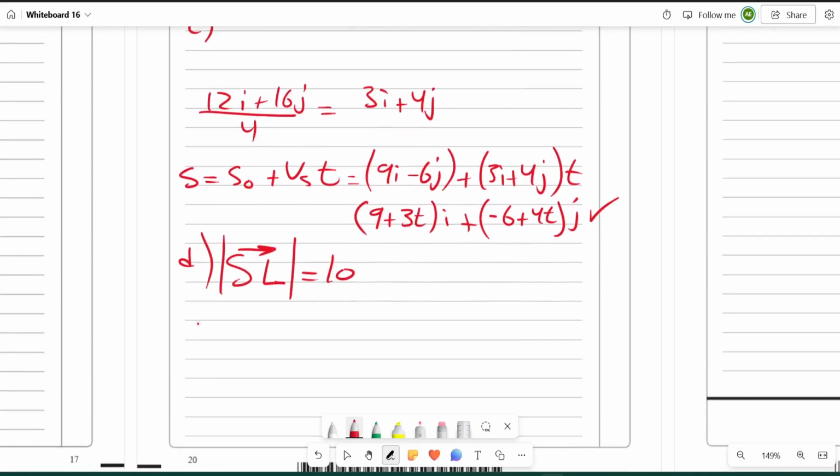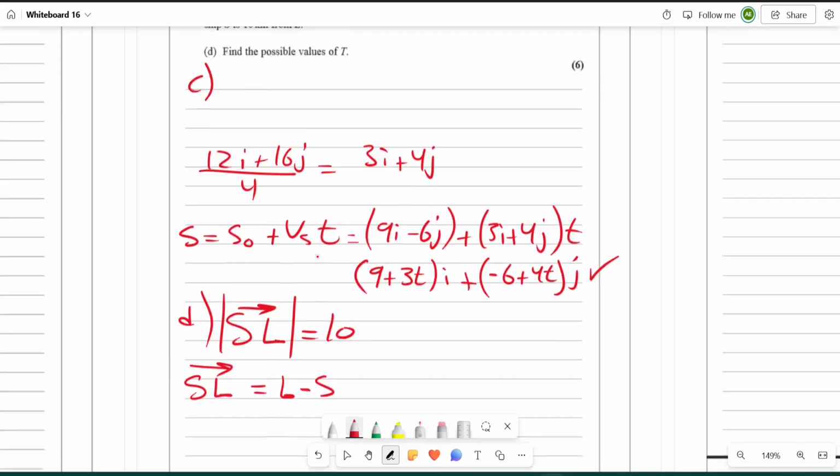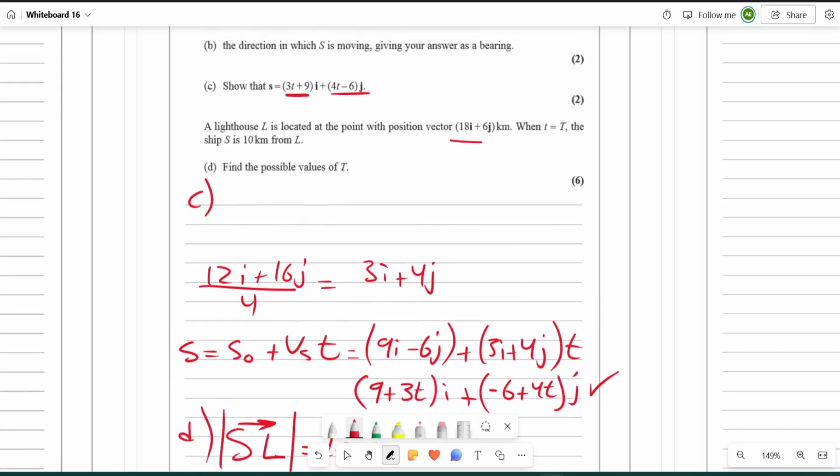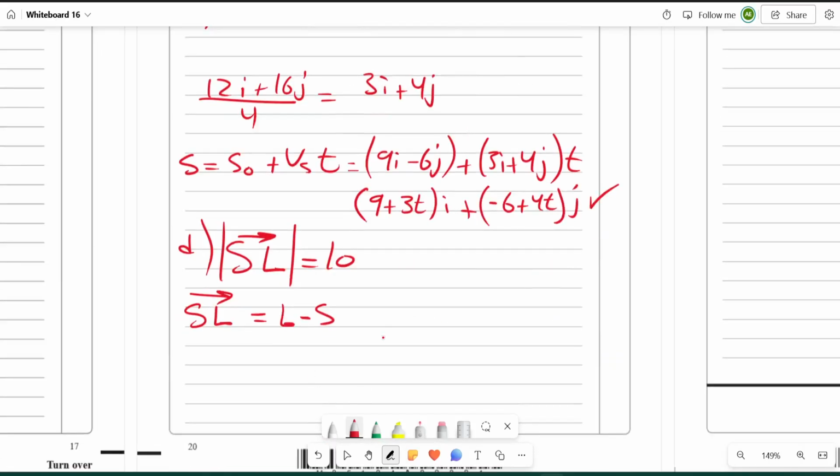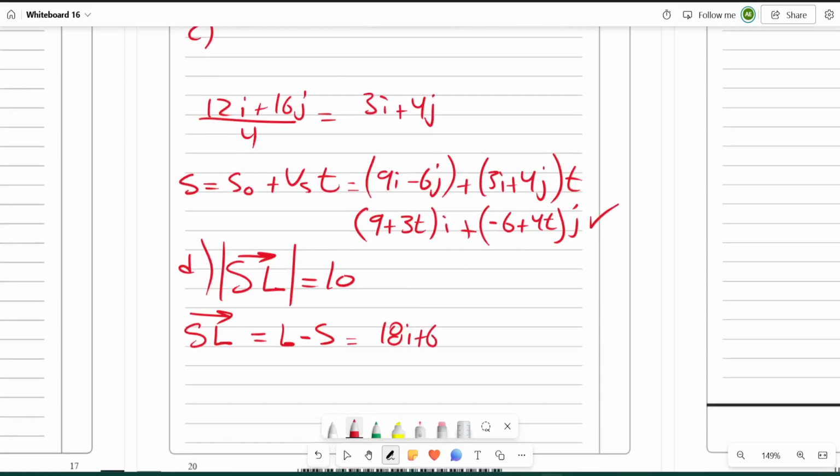So first of all, let's find the vector S to L, which is basically L minus S. So L is this position, 18i plus 6j.